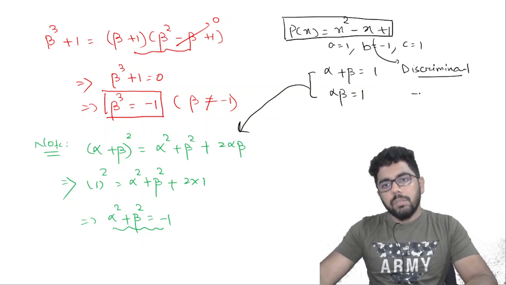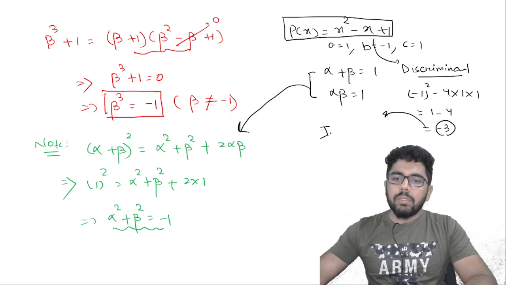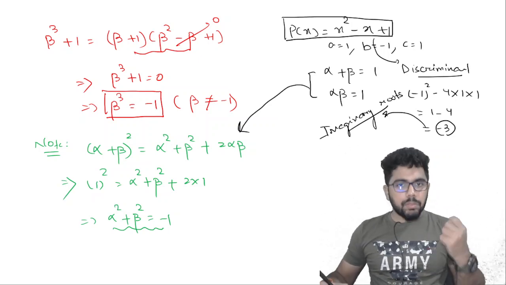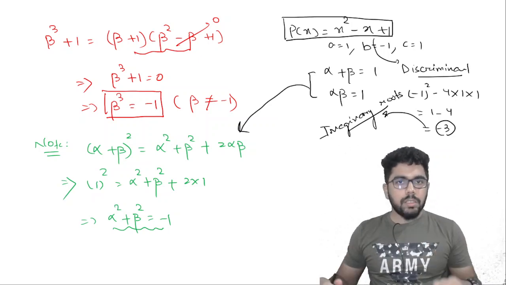Discriminant is b square minus 4ac, so minus 1 square minus 4 into 1 into 1. So I get 1 minus 4, I get minus 3, which indicates imaginary roots. So we are not dealing here with real numbers, we are dealing with imaginary numbers. That is why we are getting such kind of cases.